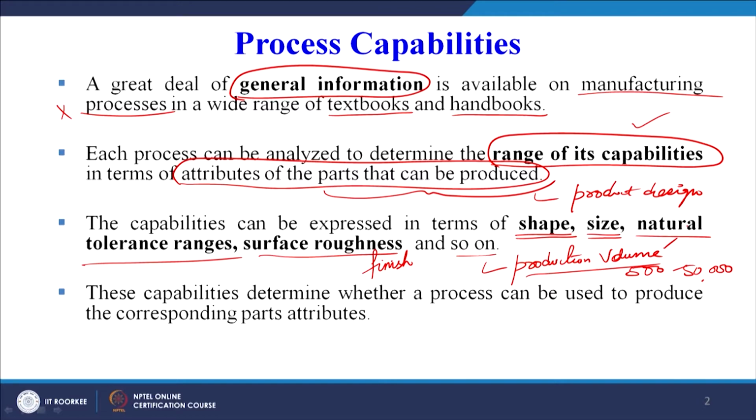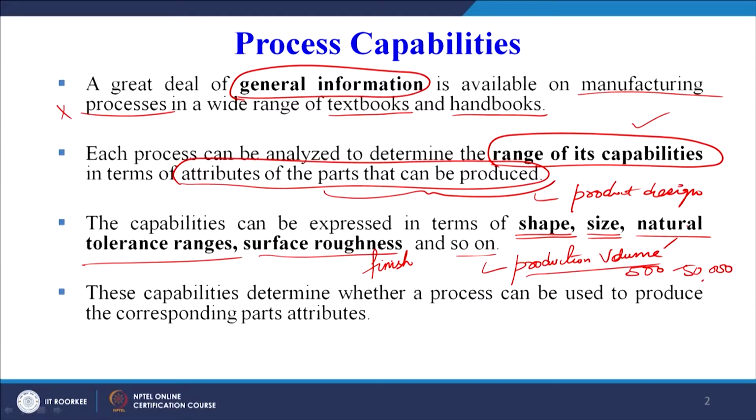The process we will select based on the process capability: this process has this list of capabilities, that process has that list of capabilities, then we will do the matchmaking. What are the requirements, what is the capability of the process, and then we will try to match the two, and then we will start our production process.